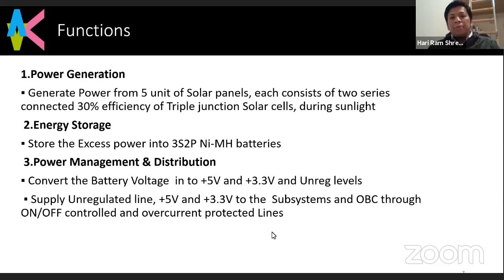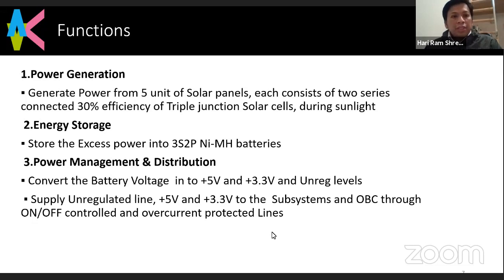So we use the nickel metal hydride battery, connected with 3 in series and 2 in parallel. That gives a 3.6 volt nominal output voltage and 3800 milliampere-hour capacity.